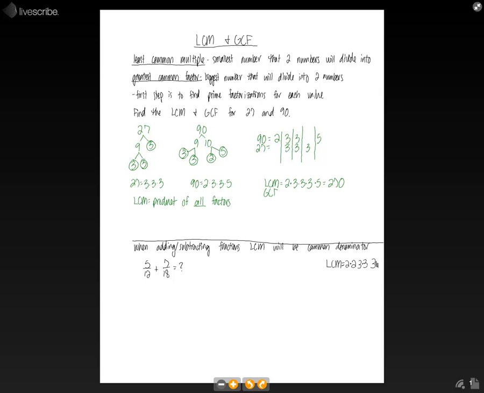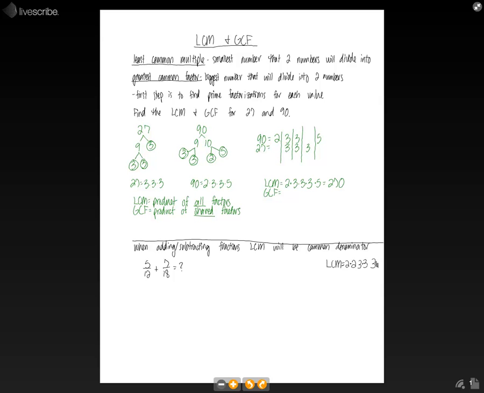And now if we find the greatest common factor, the greatest common factor is going to be the product of the shared factors. So only the factors that are similar between our two numbers will be multiplied here.